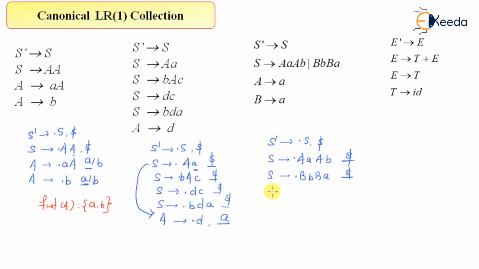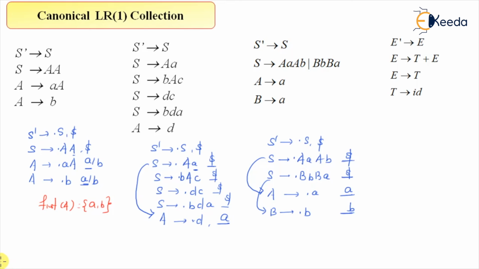Dot is in front of A, and I will include A derives dot a, and I will also include B derives dot b, and then I have to decide the follow symbol. A derives dot a is coming from this place, right? And after A there is the symbol B, so I will write b here. Similarly, B derives dot b will come from this place, and again I am not interested in what is before. What is after B? A terminal, and that is the best situation. I'll include that terminal over here.